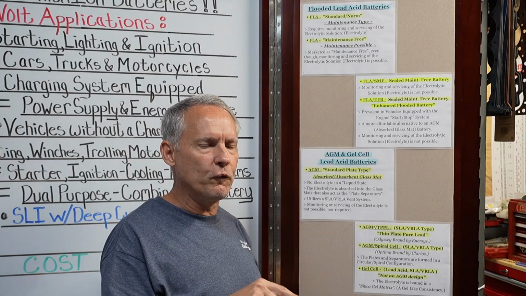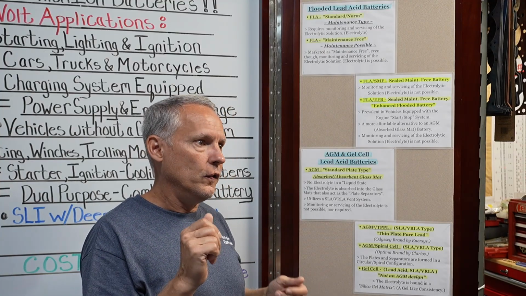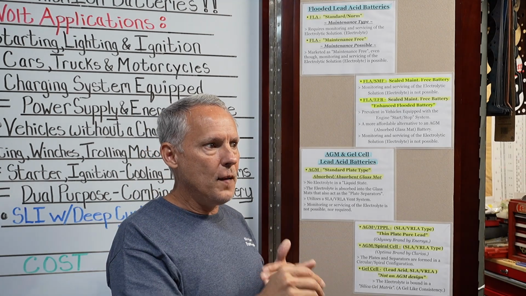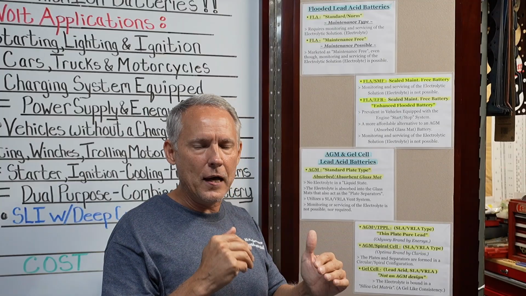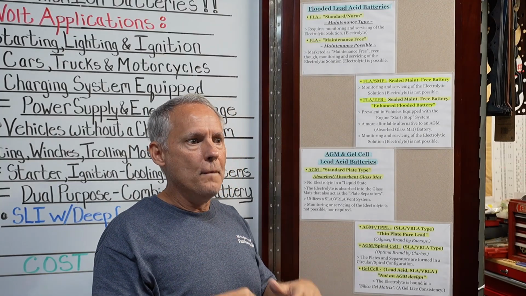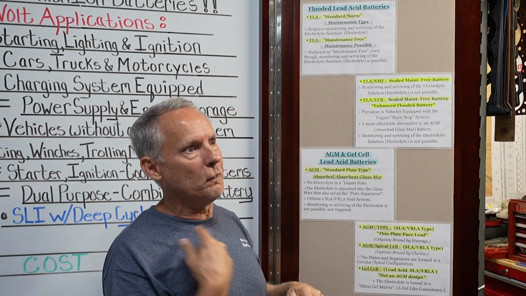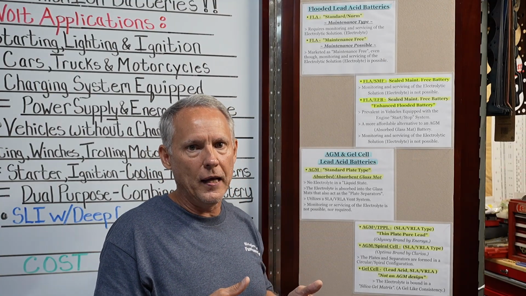If your vehicle comes factory equipped with the start-stop system, you come to a stoplight, vehicle cuts off, you take your foot off the brake, car starts back up. That type of strain on the battery, where it's an SLI type battery, starting, lighting, and ignition, but it's constantly being discharged, recharged, start, stop. That's very difficult on a battery. It's hard for a battery to handle that.